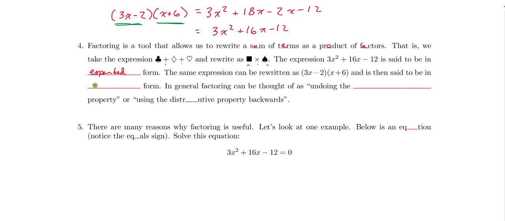And that's said to be in factored form. I'll just say that we have written this as a product of 2 prime factors, and so that's what makes it in factored form. In general, factoring can be thought of as undoing the distributive property, or using the distributive property backwards.